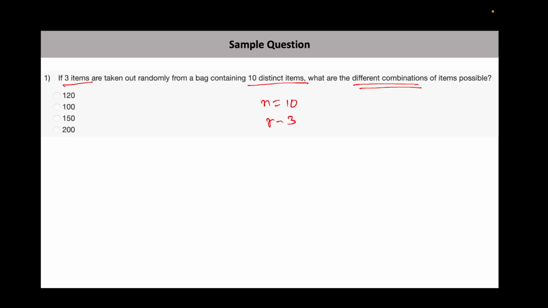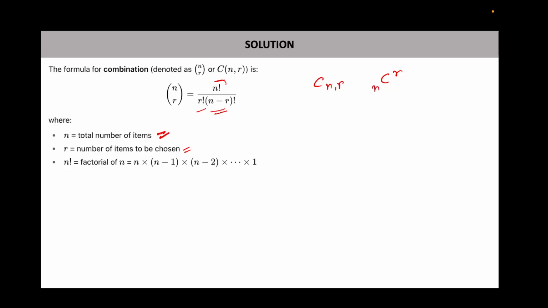Using the combination formula, your combination for the given n and r value will be 10 factorial divided by 3 factorial into (10 minus 3) factorial. It's very simple. 10 minus 3 is 7 factorial.